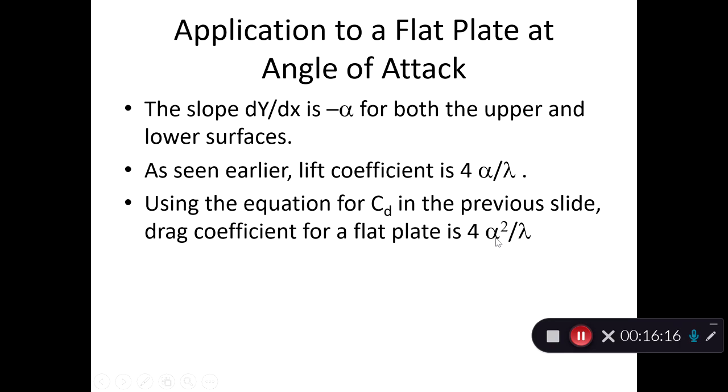So if you double the angle of attack, the drag will quadruple. If you triple the angle of attack, you'll get the drag that is 9 times higher. So you don't want to disturb the flow a lot. In supersonic flow, you want just enough to produce lift, but not enough to produce a lot of drag.